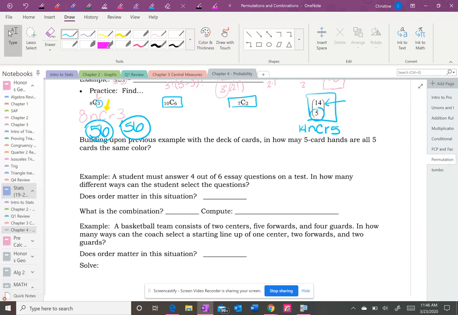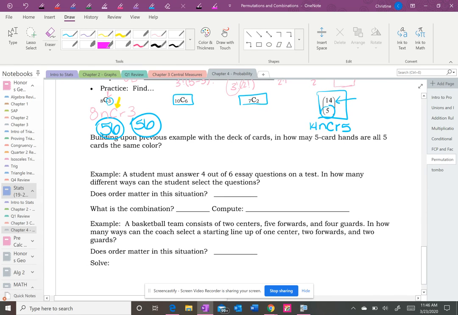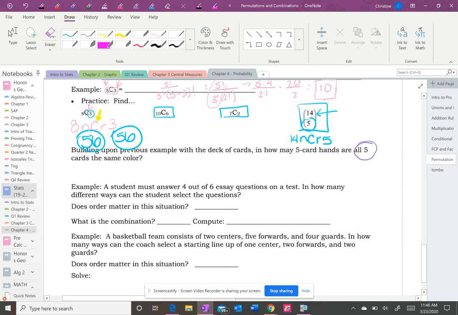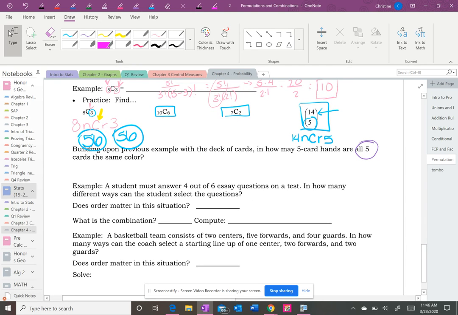All right, next one. In a deck of cards, how many 5-card hands are all going to be the same color? So if you think about how many cards are the same color, half of the deck is the same color. So 26 of the cards are the same color. And you want to pick 5 of the same color.